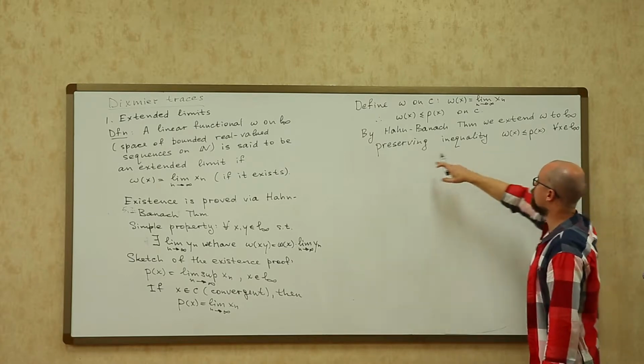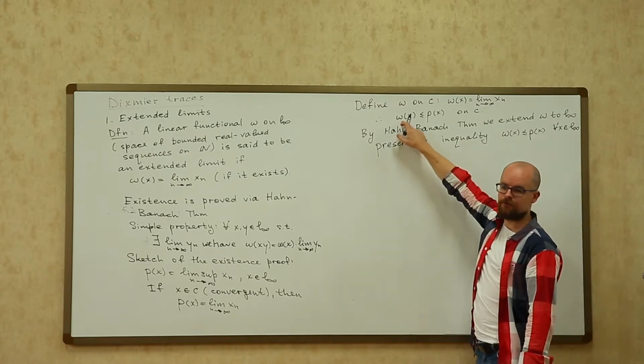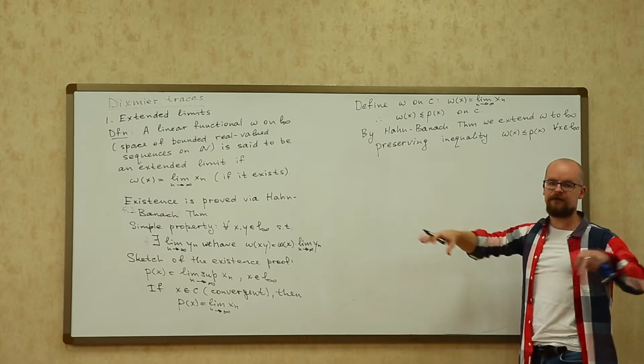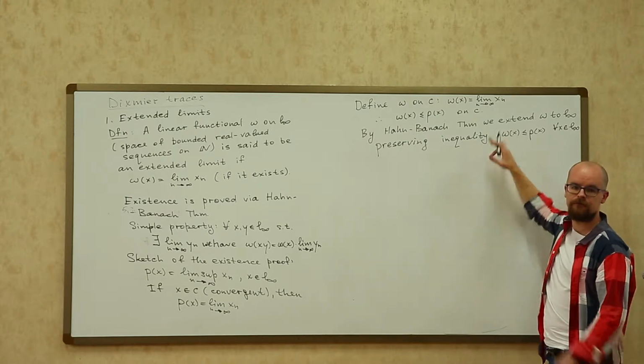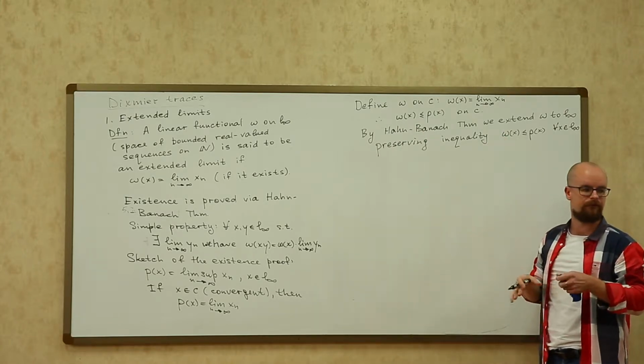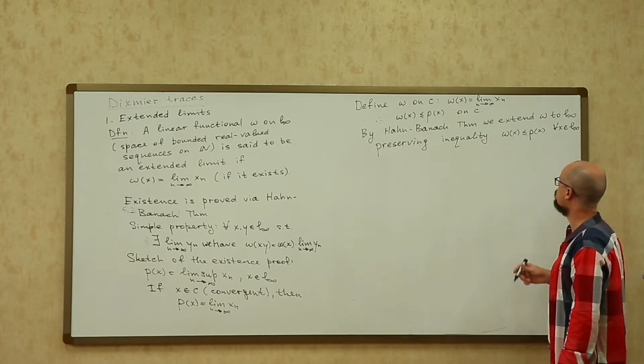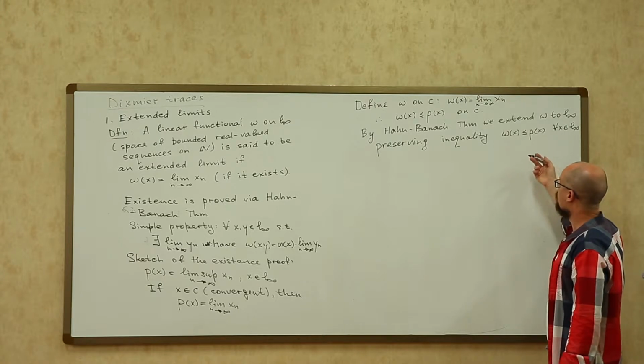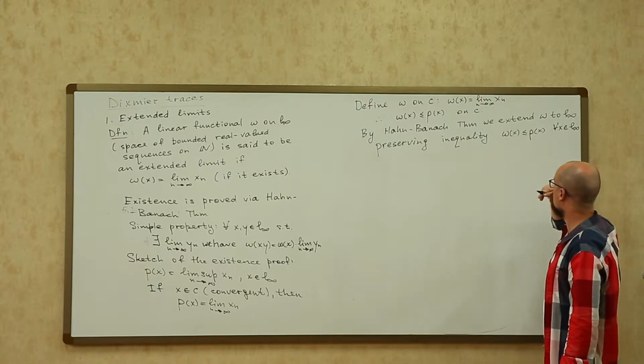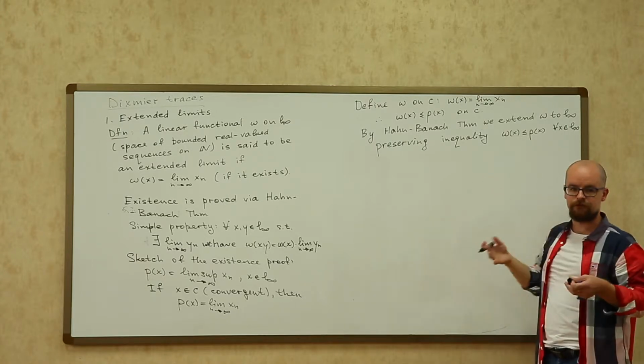And the functional omega initially defined on convergent sequences, when I extend it, I use exactly the same letter. So it might be a little bit confusing, but the extended functional also uses the same letter. Well, so that's the sketch of the proof.